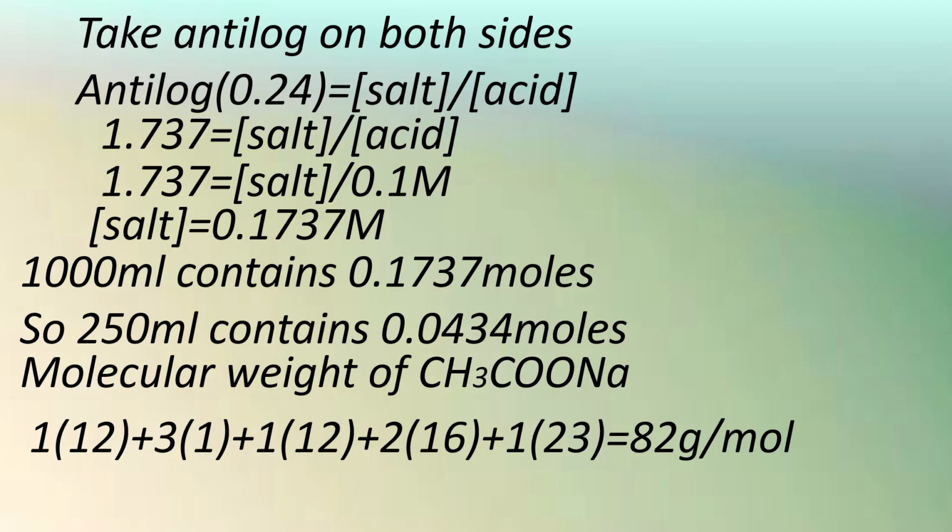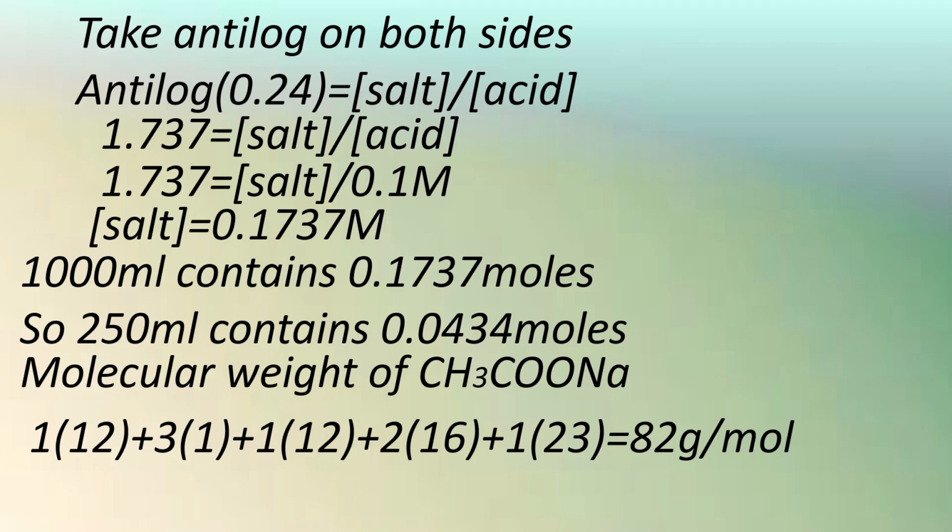So we will write anti-log 0.24 is equal to salt concentration divided by acid concentration, as log and anti-log cancel each other. When we use calculator to take anti-log of 0.24, it becomes 1.737 is equal to salt concentration divided by acid concentration.